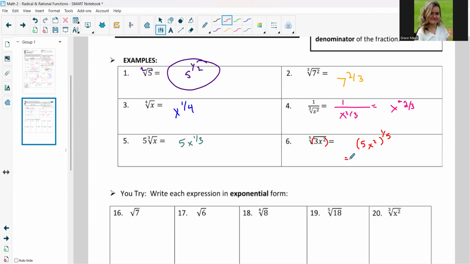And so if we wanted to simplify that, remember this would be multiplied here. This would get multiplied here. So it'd be 5 to the 1/5 power times x to the 2/5 power. All I did was multiply the rational exponent to each number inside the parentheses. If you left it like this should be okay. However, if you wanted to simplify it more, you could.